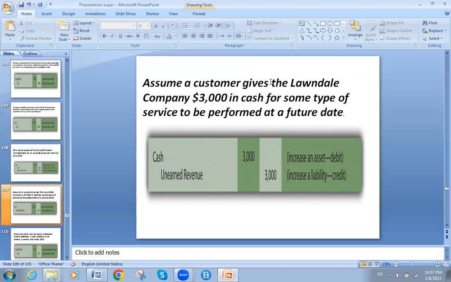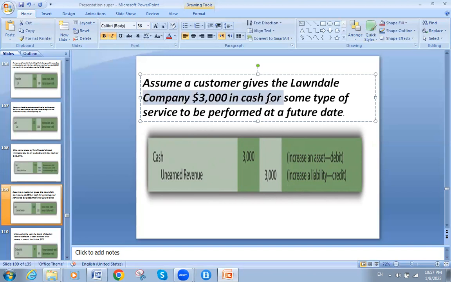Assume a customer gives the company 3,000 in cash for some services to be performed at a future date. This is unearned revenue. The customer gives the company 3,000 in cash for services to be performed, so he gave the money for you to perform this, but not now.